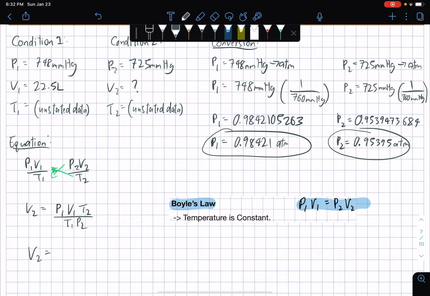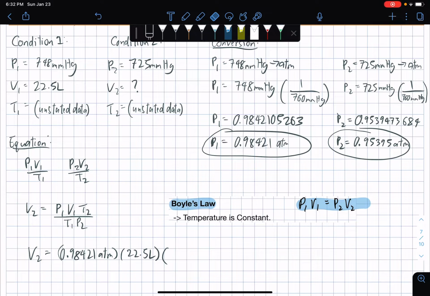Okay, V2 is equivalent to P1, which is 0.98421 ATM times V sub 1, which is 22.5 liters, times T2, which is... Hang on. No. I'm so sorry about this.